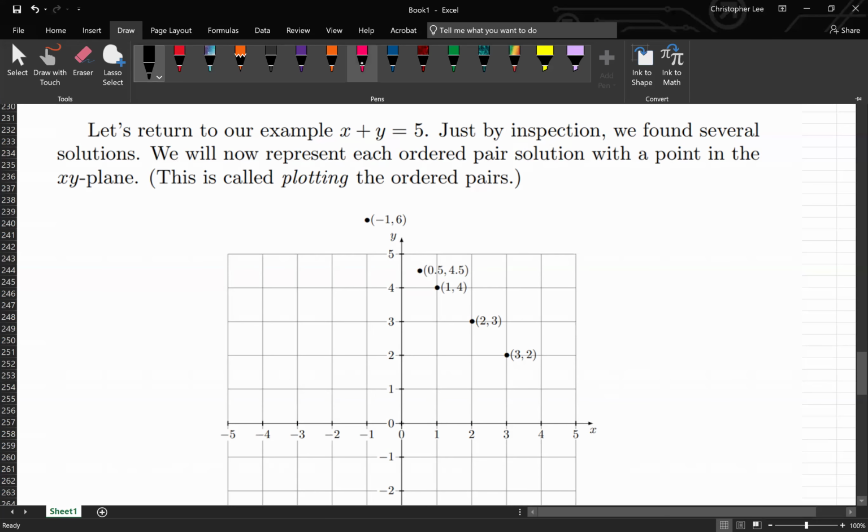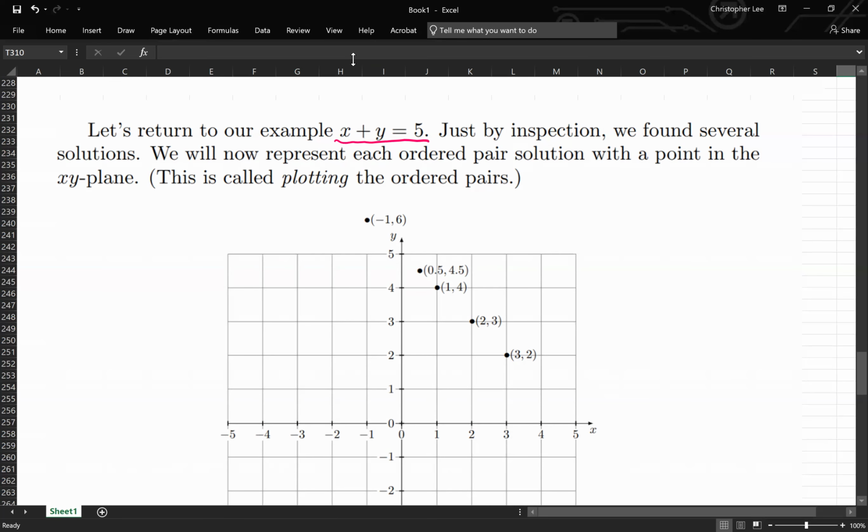So for example, with our x plus y equals 5 equation, if I connect all these dots and I make this line right here, you could name the line. This would be y equals negative x plus 5, something like that.